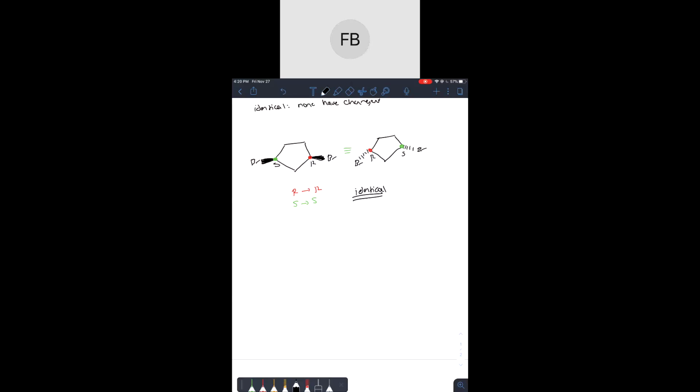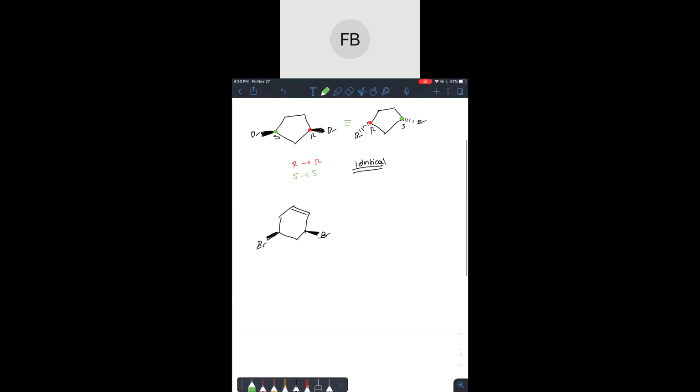Let's make it a cyclohexane. And I'm going to add a methyl here. Nope, that's still a plane of symmetry. Double bond here. Okay, so let's do R and S.